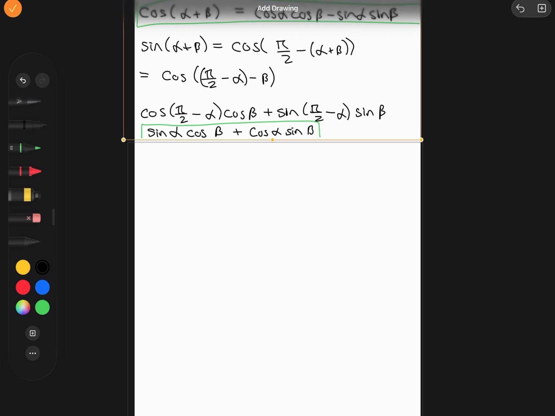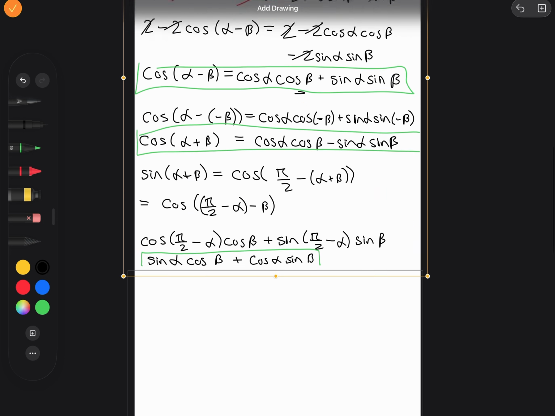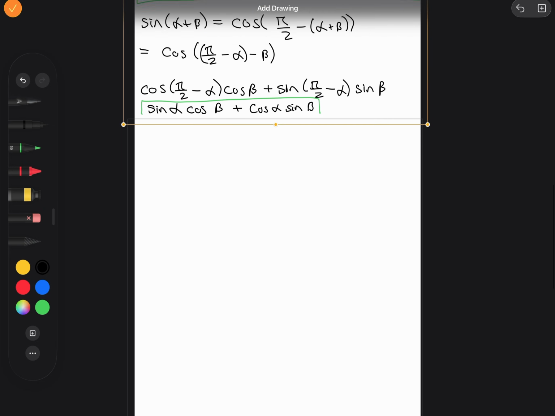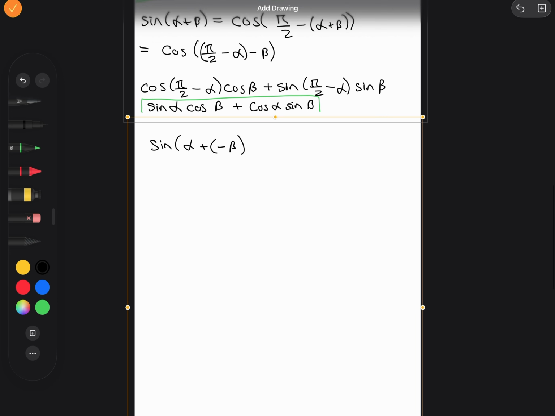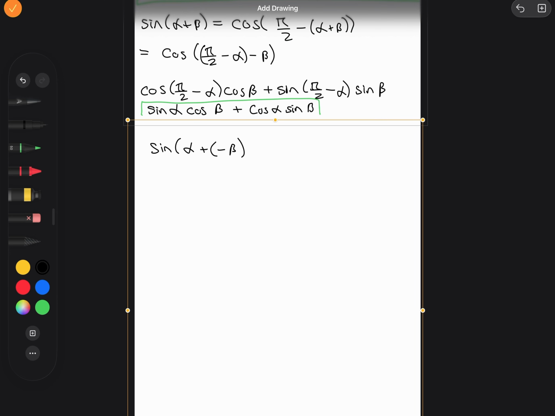And now for the final one, what we can do is derive it from the sine alpha plus beta. So we can write this as sine alpha plus negative beta, which is basically alpha minus beta. But we just want to make it work out with this formula. So this will be equal to sine alpha cosine negative beta plus cosine alpha sine negative beta.